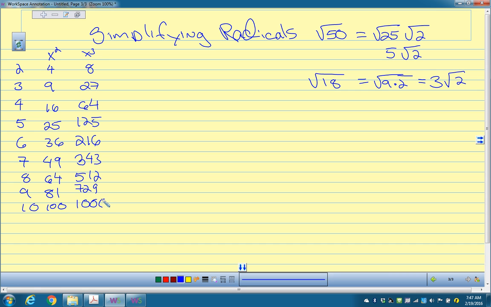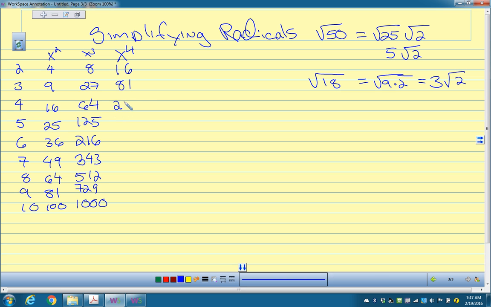I would write these things down so you're kind of familiar, so you kind of know what you're looking for when you're working. And for x to the fourth, I think we just go up a couple places. So 2 to the fourth is 16, right? 3 to the fourth is 81. 4 to the fourth is, what is 4 to the fourth? 256, is that right?